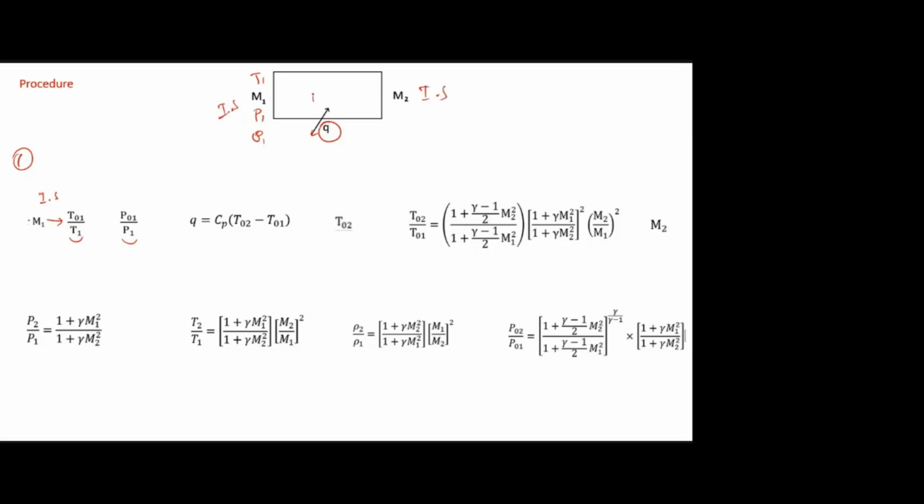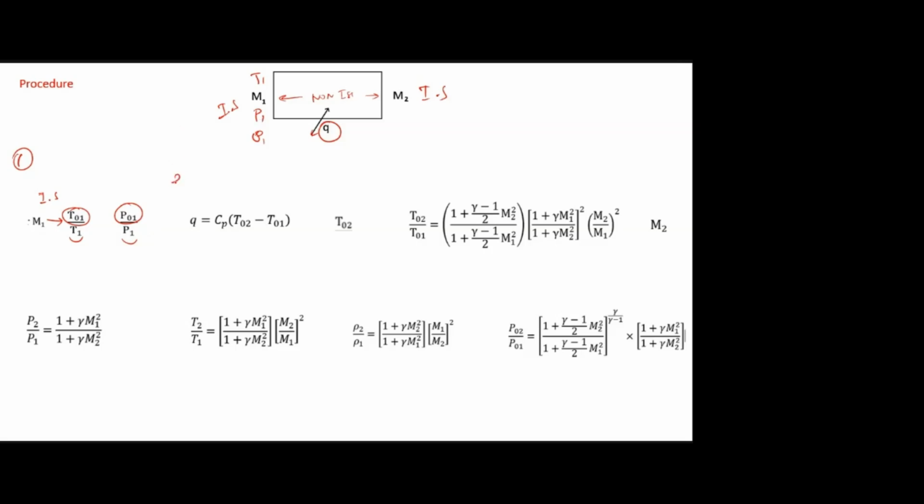Here also isentropic, only in between it is non-isentropic. Using M1 I can find P01 by P1, T01 by T1. Since I know P1 and T1, I can find T01 and P01. This is a normal procedure.